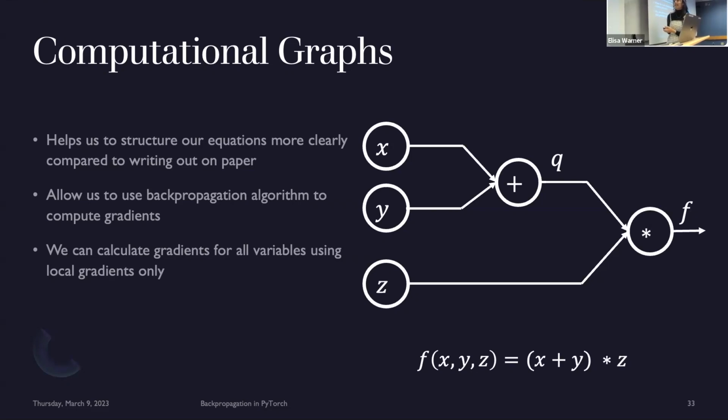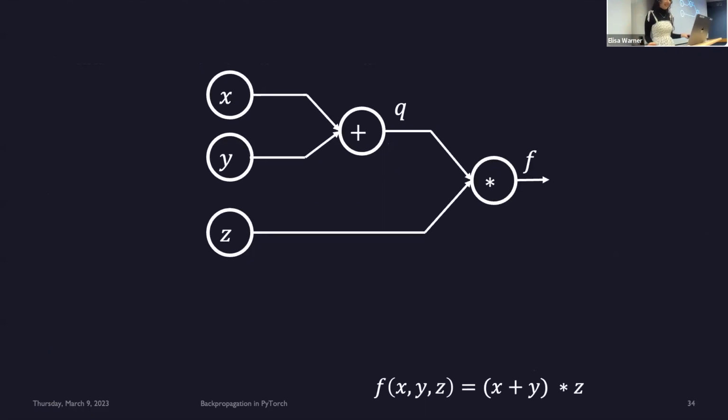Here's one example function. It's f of the independent variables x, y, and z, and our function is x plus y, times z. This is a DAG, or directed acyclic graph, and we can see x plus y, the arrows, times z equals f. So this is a computational graph representation of our function f. Let's run through an example of how we would use it.